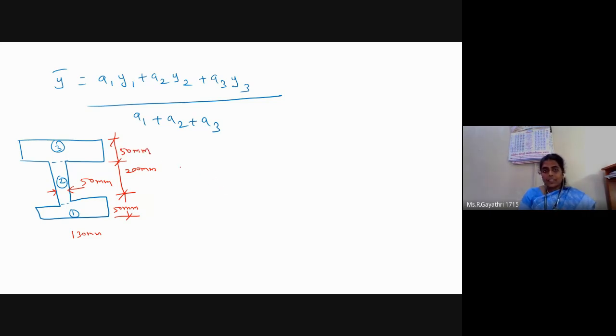Okay, so A1 means 130 into 50. X1 means half distance, 130 by 2. Y1 means half depth, 50 by 2.